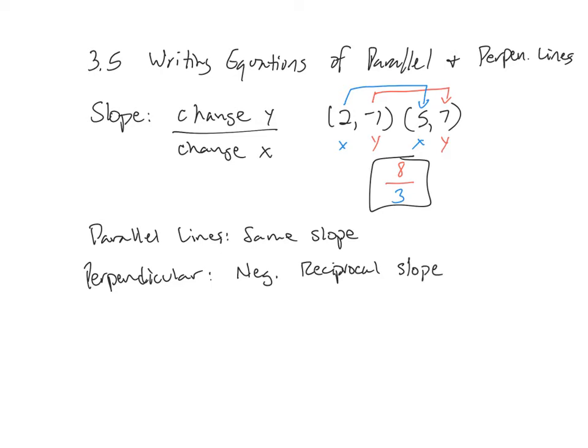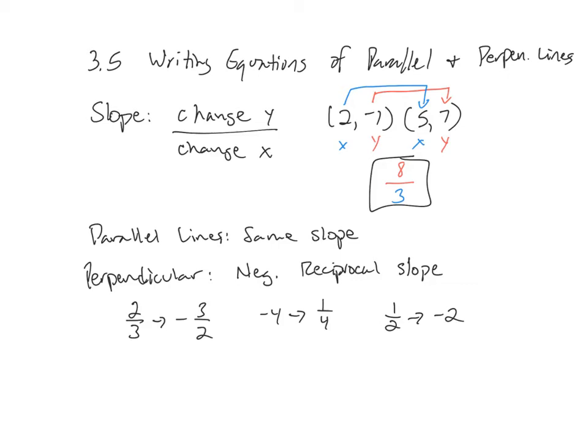So if the slope was 2/3, the perpendicular slope would be -3 over 2. Switch it from positive to negative and do the reciprocal. If the slope was -4, the perpendicular slope would be 1/4. Switch from negative to positive, so I'd switch the sign, and then do the reciprocal. So if the slope was 1/2, the perpendicular slope would be -2.